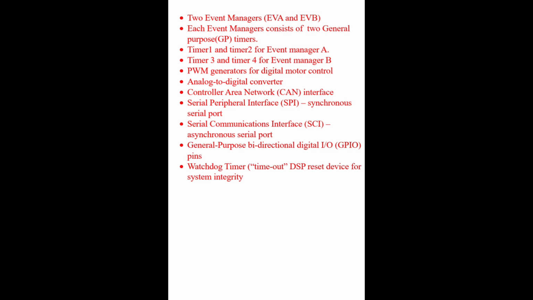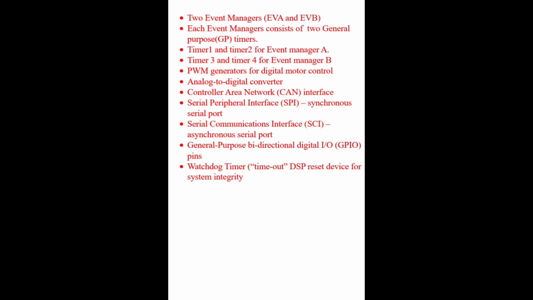That controller has to provide various PWM signals, pulse width modulation signals. Only various pulse width modulation signals can maintain digital motor control, speed or torque. If you want to control current or voltage, everything can be done with pulse width modulation signal generation. For that you need a PWM generator.